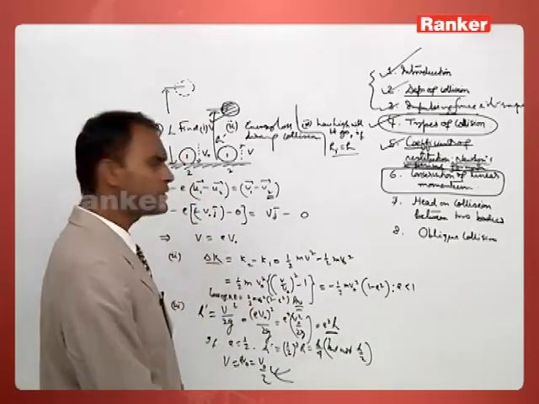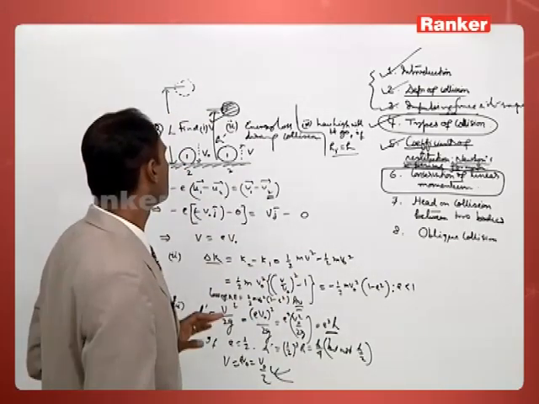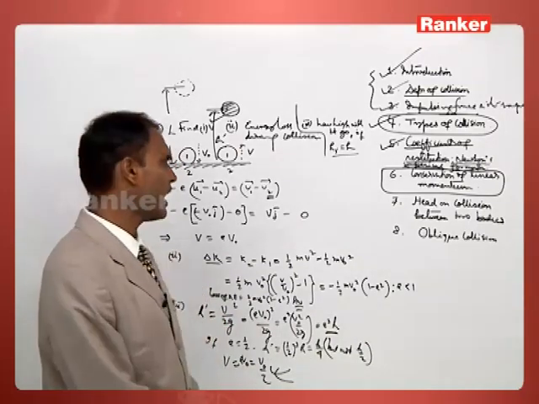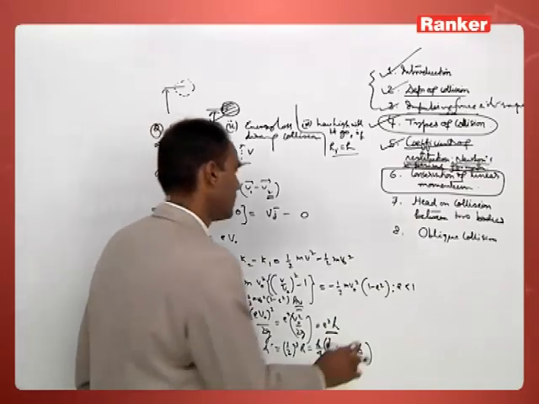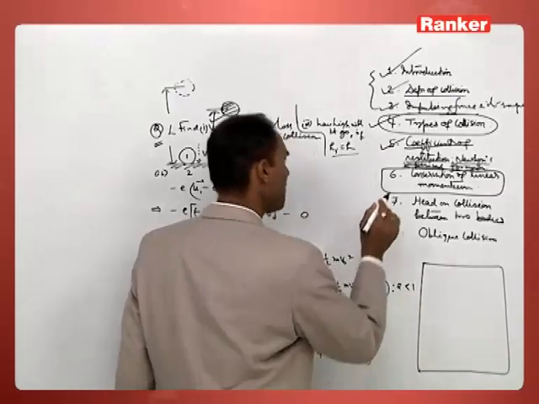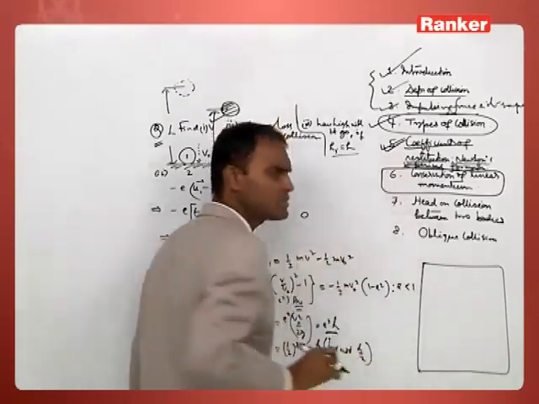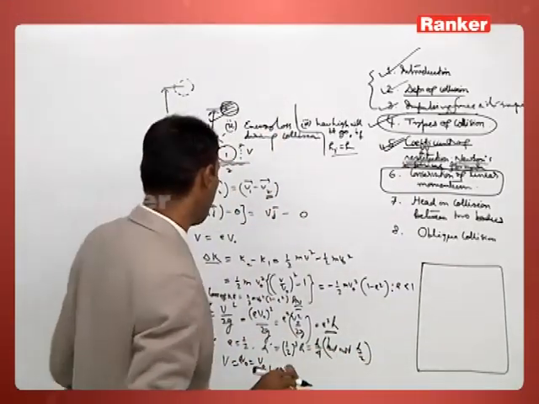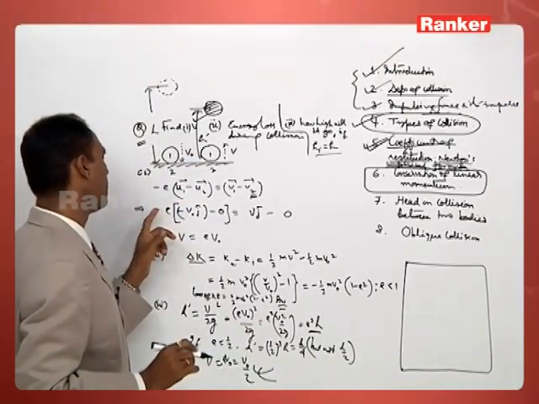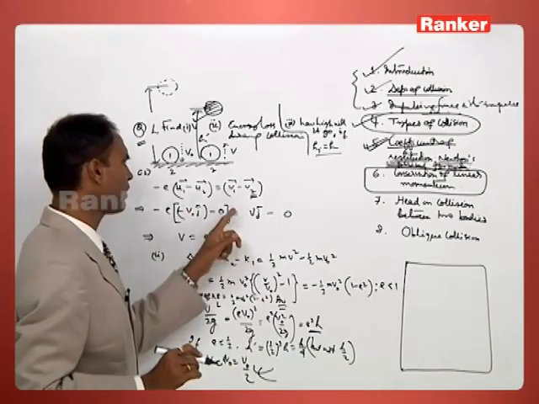With this conceptual example, we can design some more interesting examples. The idea behind this example is Newton's empirical formula: the velocity of approach multiplied by the coefficient of restitution, with a negative sign, is equal to the velocity of separation.